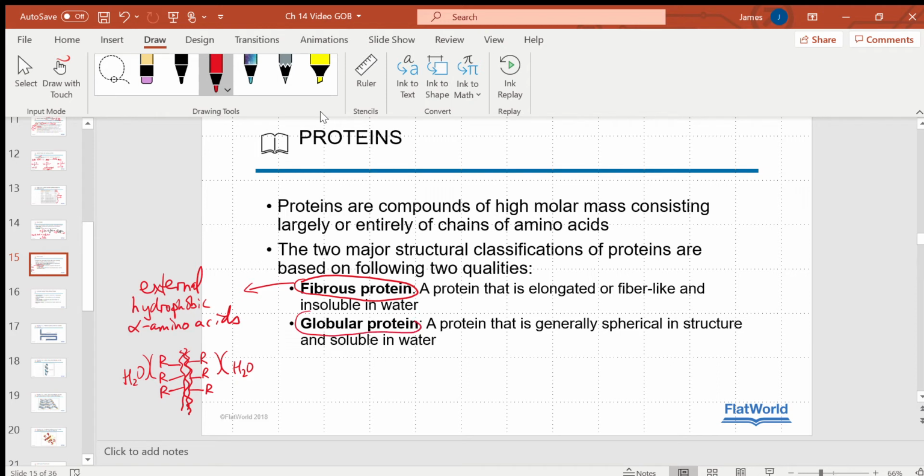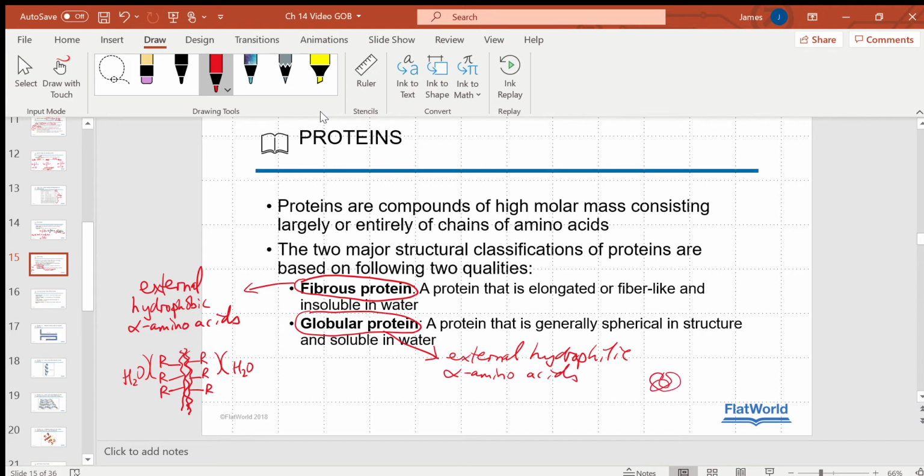Globular proteins, on the other hand, you want them to be soluble, so they tend to have external hydrophilic alpha amino acids.